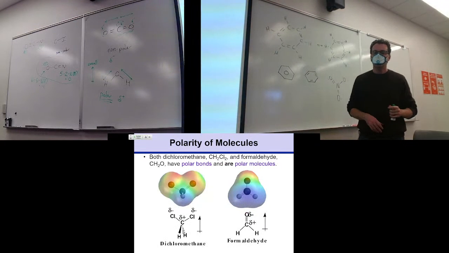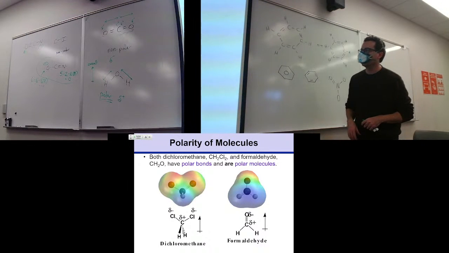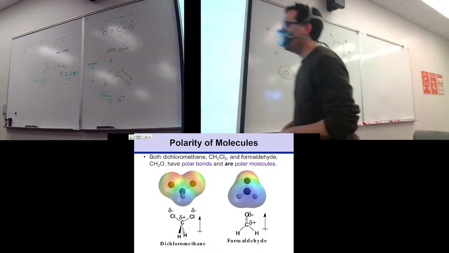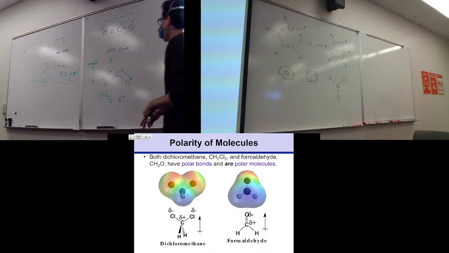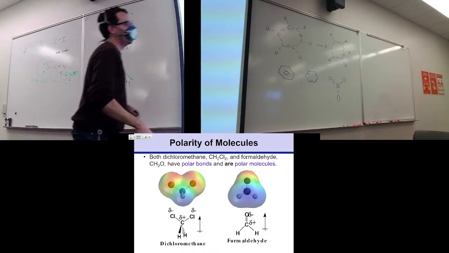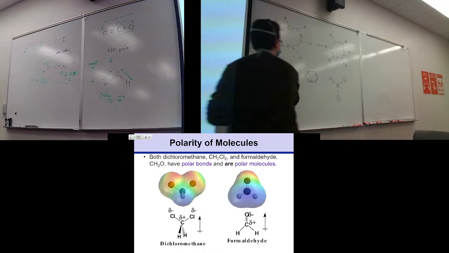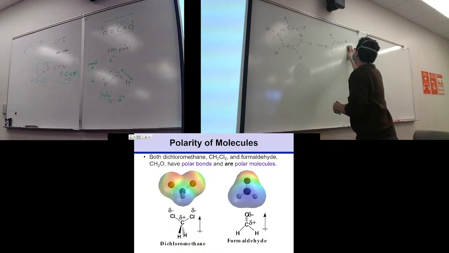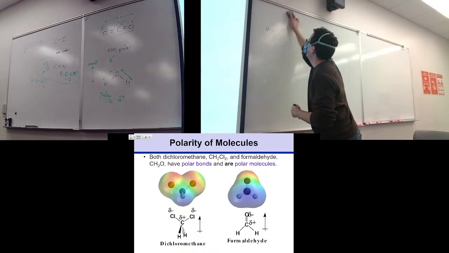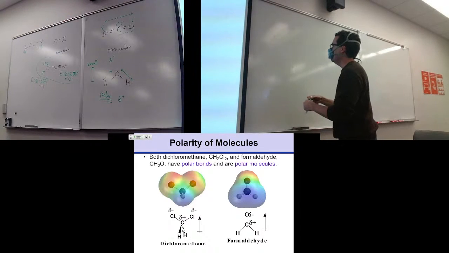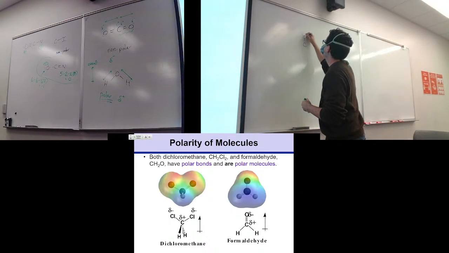So dichloromethane is one of my favorite examples because if you draw the Lewis structure and you just look at the Lewis structure, you might be fooled. The Lewis structure of dichloromethane, one of them you could draw, would look like this.